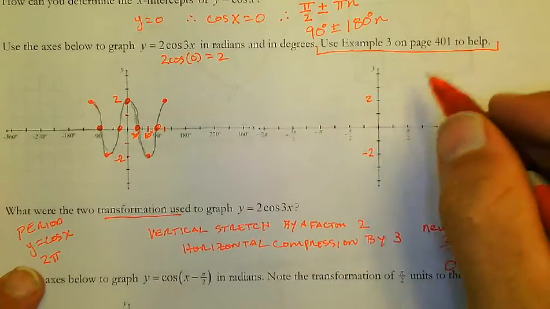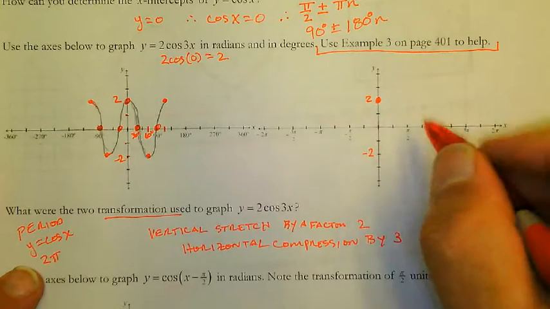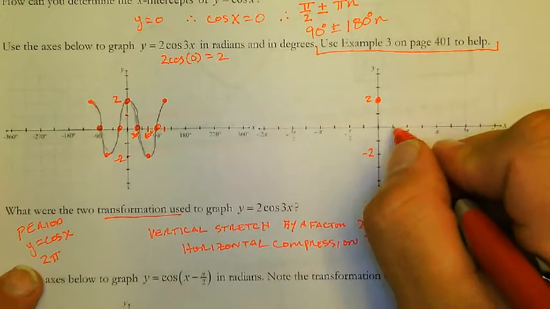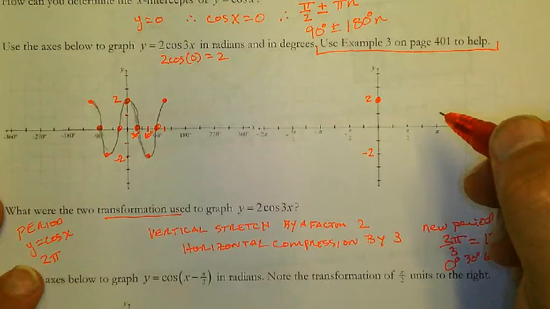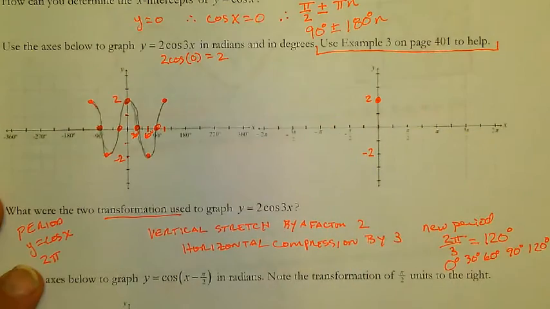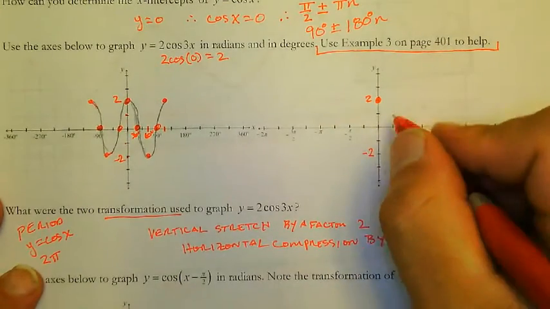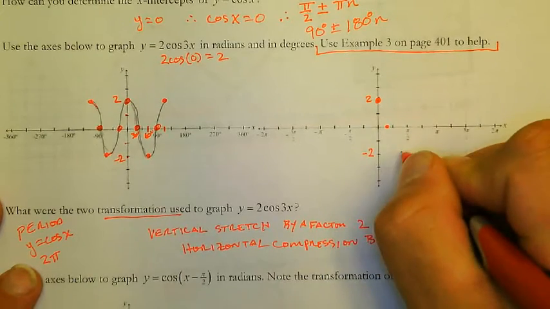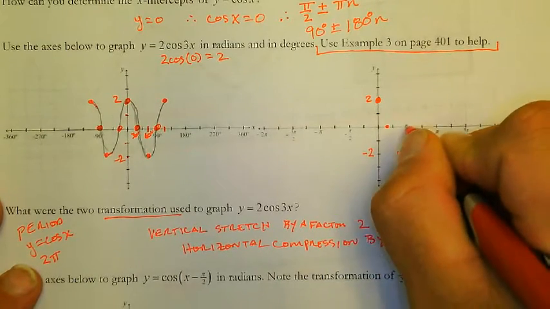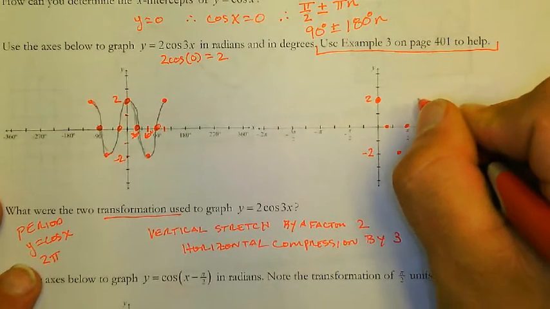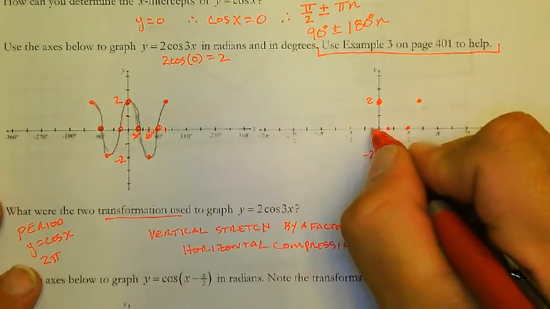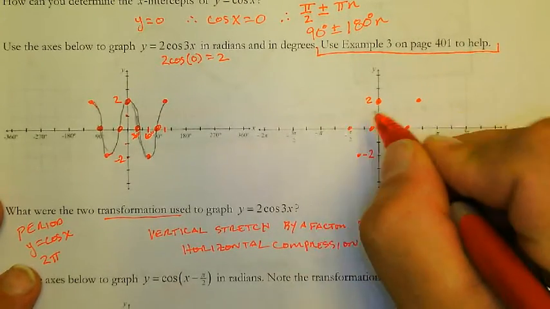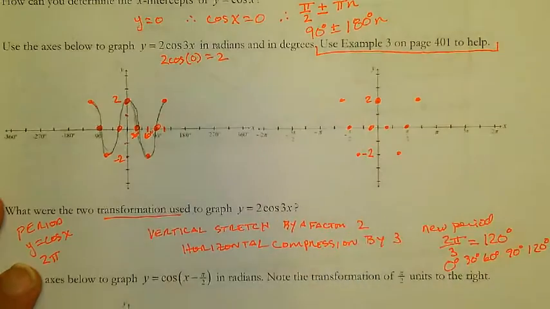So start at a maximum, I'm going to go to 0, then a minimum, then come back up to 0, and then a maximum. 0, minimum, 0, maximum.